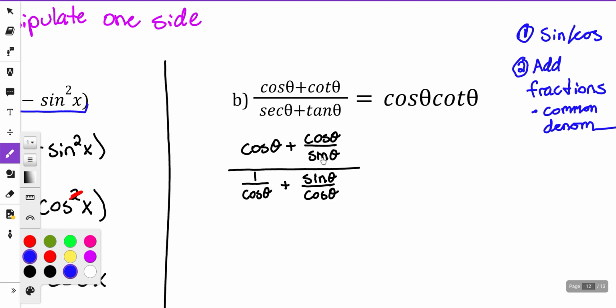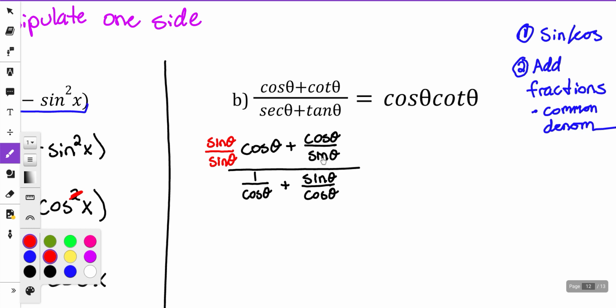I can't add the numerators until they have a common denominator. To get a common denominator, I need to multiply this thing by sine theta top and bottom. This one has a sine theta on the bottom. That means this one needs a sine theta on the bottom.